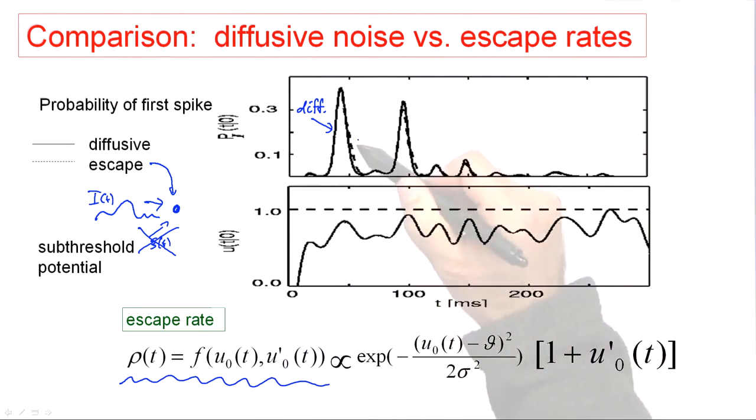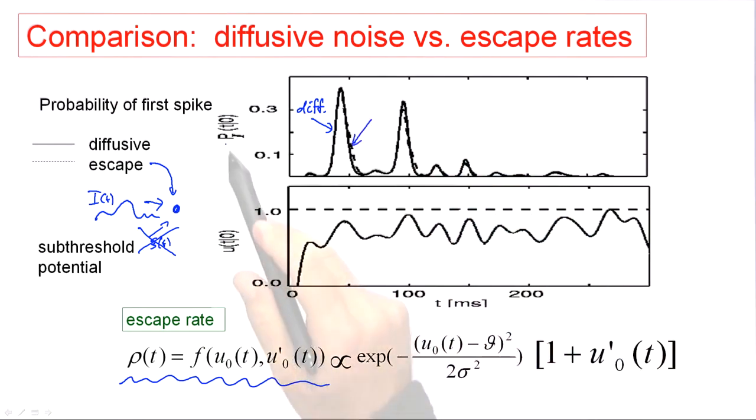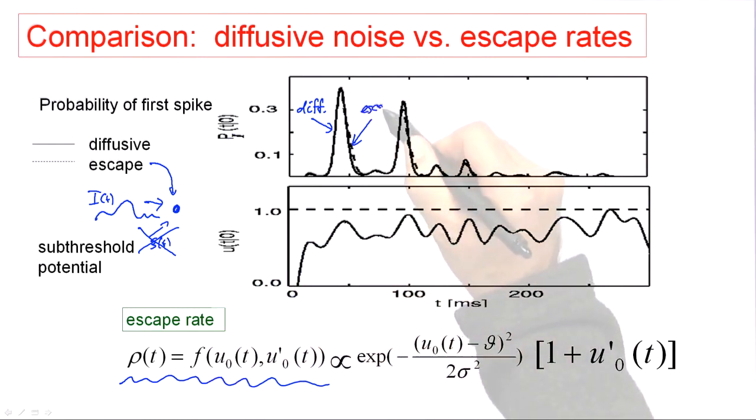And if we do this, we find again a time-dependent interval distribution, which can be calculated, and it's the dashed line. And you see that the two interval distributions are nearly the same. Thus, the diffusive noise model, which is nice because it represents stochastic spike arrival, is well approximated by an escape noise model with the appropriate rate.